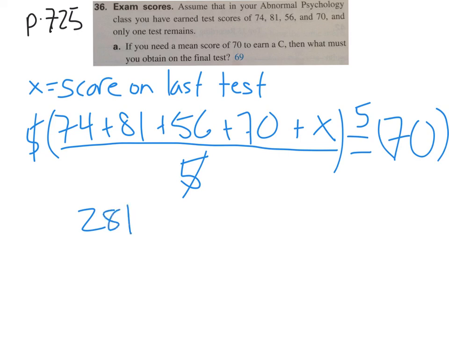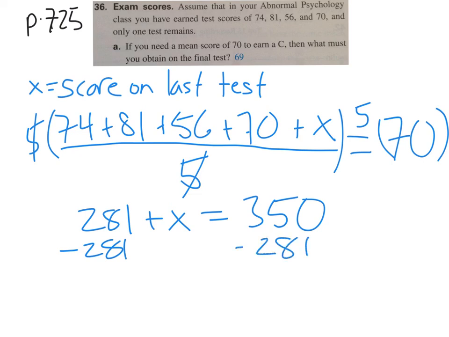So when the denominator goes away, you get 281 plus X left over. And on the other side, 5 times 70 would be 350. Already this is a much nicer, much easier equation to solve. If you want to get X by itself, you should subtract 281 from both sides. And 350 minus 281 should be 69.